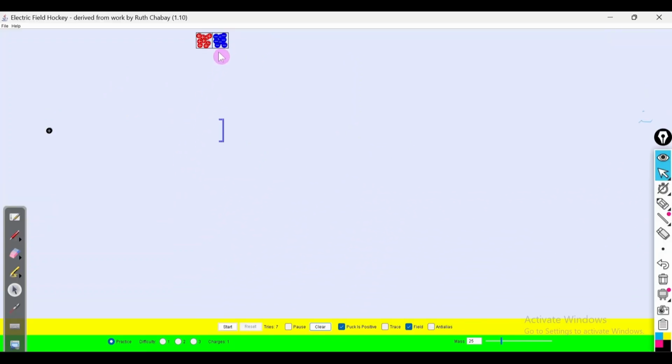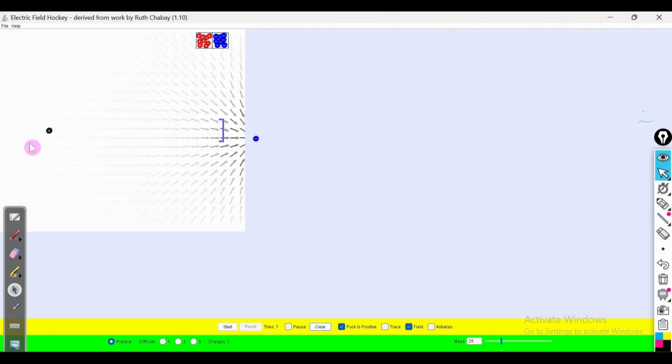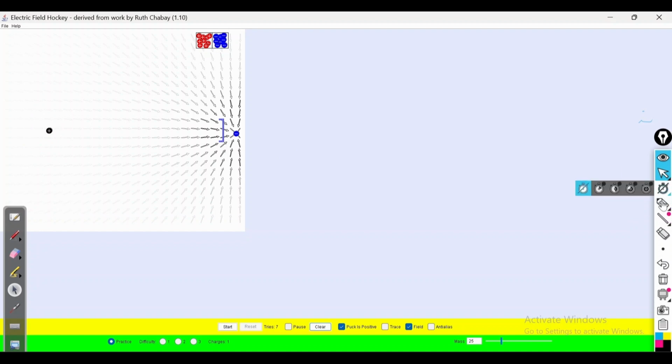Now we will explore the concept of electric field intensity. For that, let's take a negative charge from this box and put it into our lab for the experiment. There will be some electric field lines created around it, and inside that field another positive charge is present.